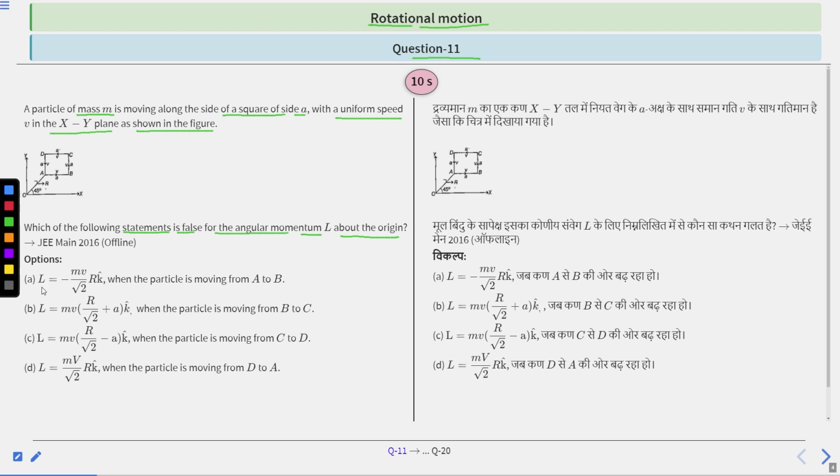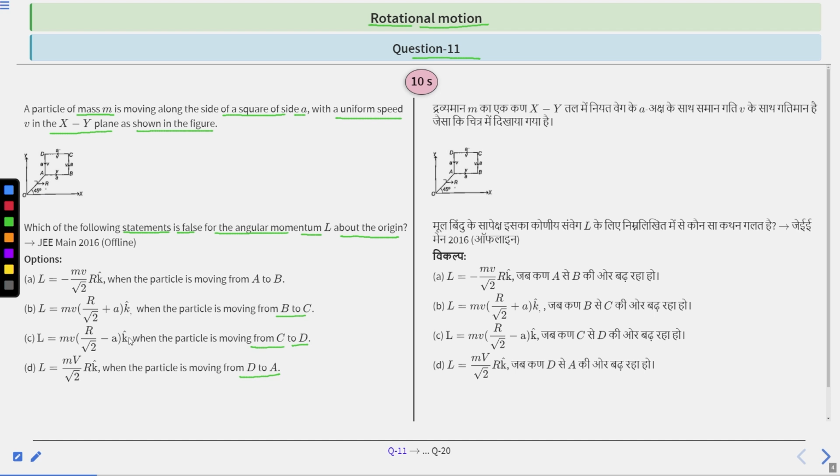Given options: option A, L equal to minus mv r divided by root 2 k cap when the particle is moving from A to B. Option B, L equal to mv r divided by root 2 plus A k cap when the particle is moving from B to C. Option C, L equal to mv r divided by root 2 minus A k cap when the particle is moving from C to D. And option D, L equal to mv divided by root 2 r k cap when the particle is moving from D to A. So which option is correct?